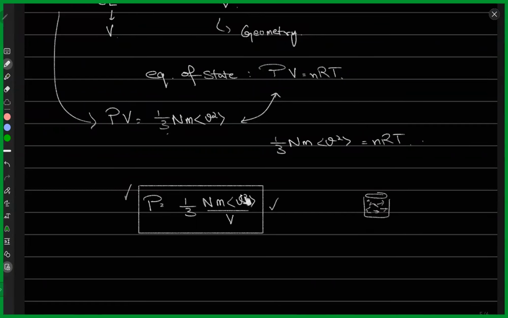We took one molecule, solved that for this one molecule, and then found a relation. We extended that to multiple molecules, and that's where this mean value of the velocity squared came from.